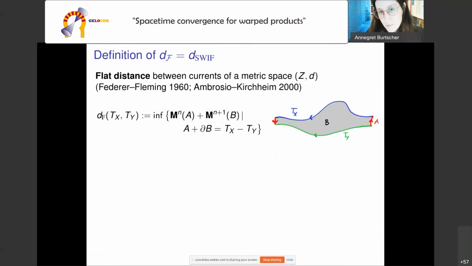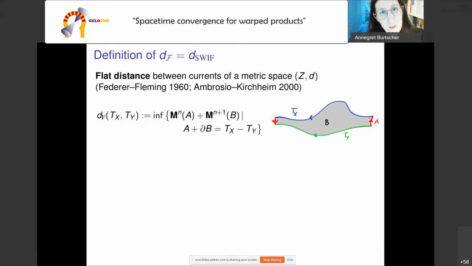In that way, you can view submanifolds in this picture as integral currents, and you can compute the distance between the two in terms of their volume. So this mass function m is essentially just a volume, and you compute the difference in terms of how far they are apart volume-wise.